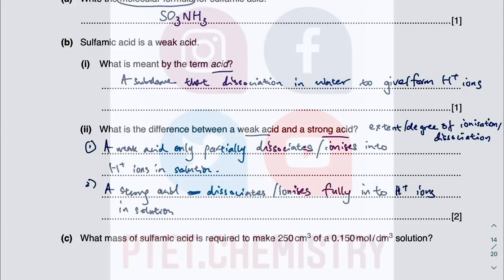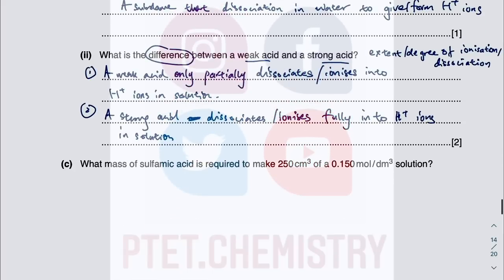So those are the 2 key points. The difference is to do with the degree of dissociation. It's strange that they're asking what is. That means they're looking for 1 point, but they give you 2 marks and quite a lot of lines. So the idea is to talk about the partial dissociation versus the full dissociation or ionization into the H plus, which is very important.